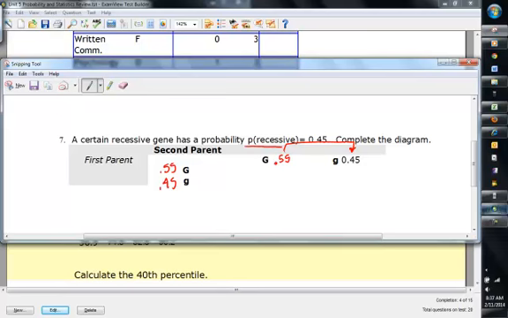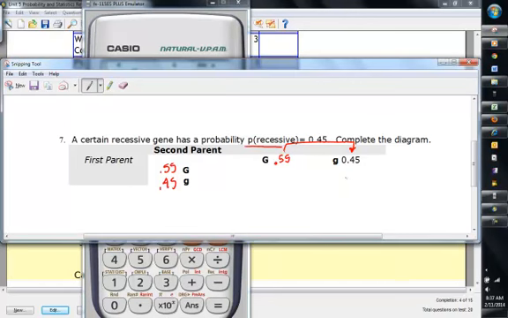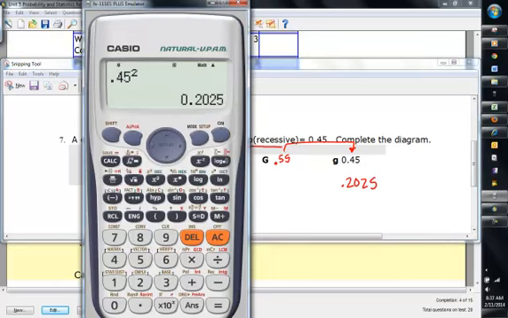Multiply 0.45 times 0.45 and you get 0.2025. Then if you take 0.45 times 0.55, you get 0.2475.